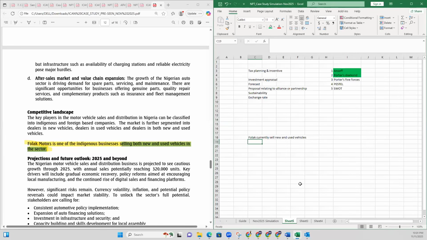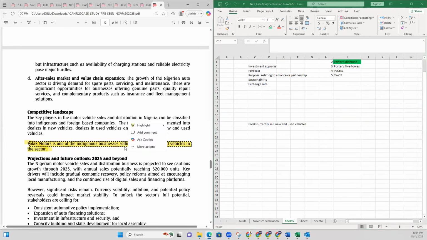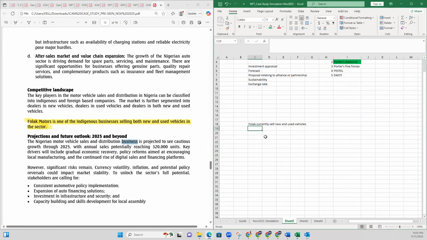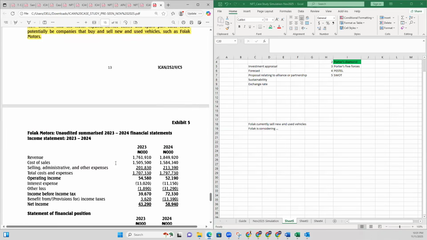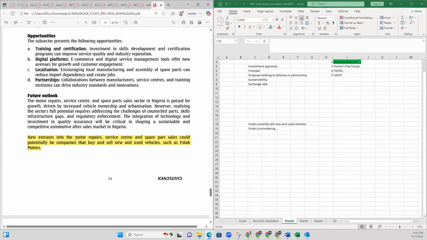So what could it be for the future now? It's possible that in the exam, they are now telling you FOLAC is considering, so from what we saw here, a new entrant into the motor repair, service center, and spare parts sale could be potential companies that buy and sell these guys.